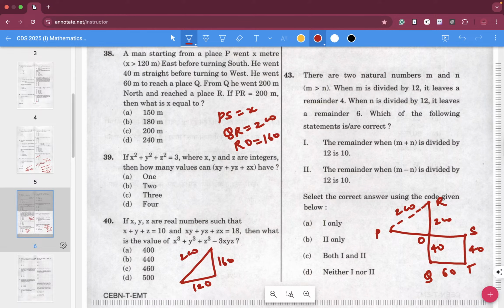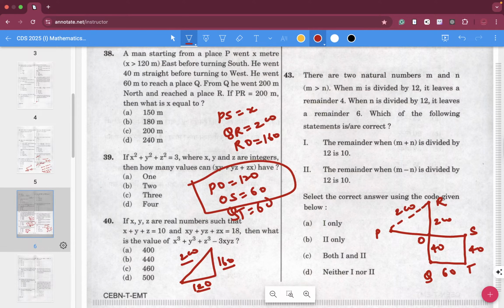It is a multiple of 3 4 5, folks. You apply the Pythagoras theorem, so PO value is 120. OS value is 60. Why? Because QT is also 60. So now if you add these two, how much do you get?